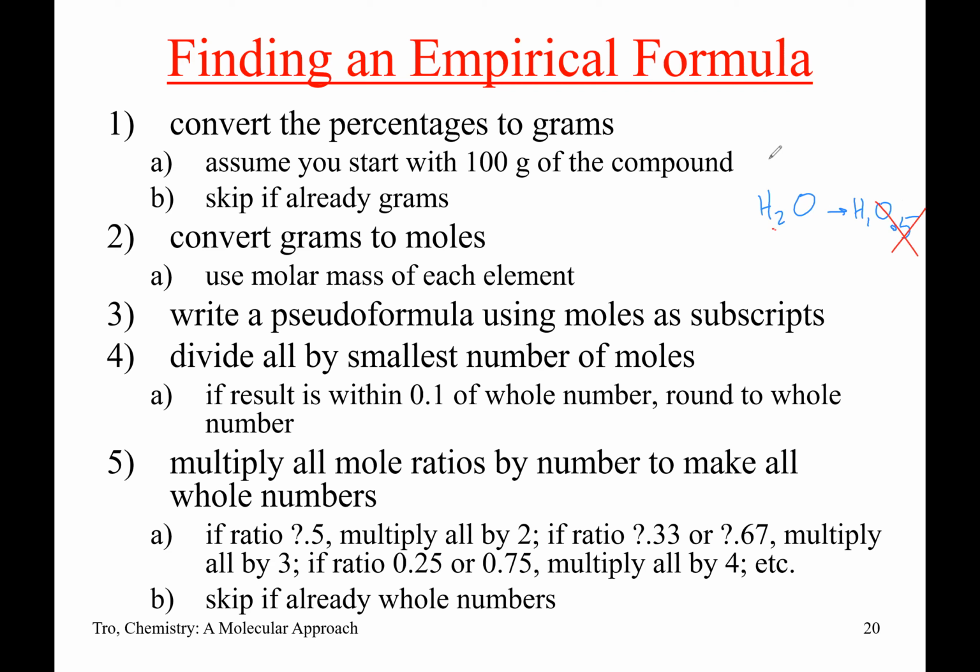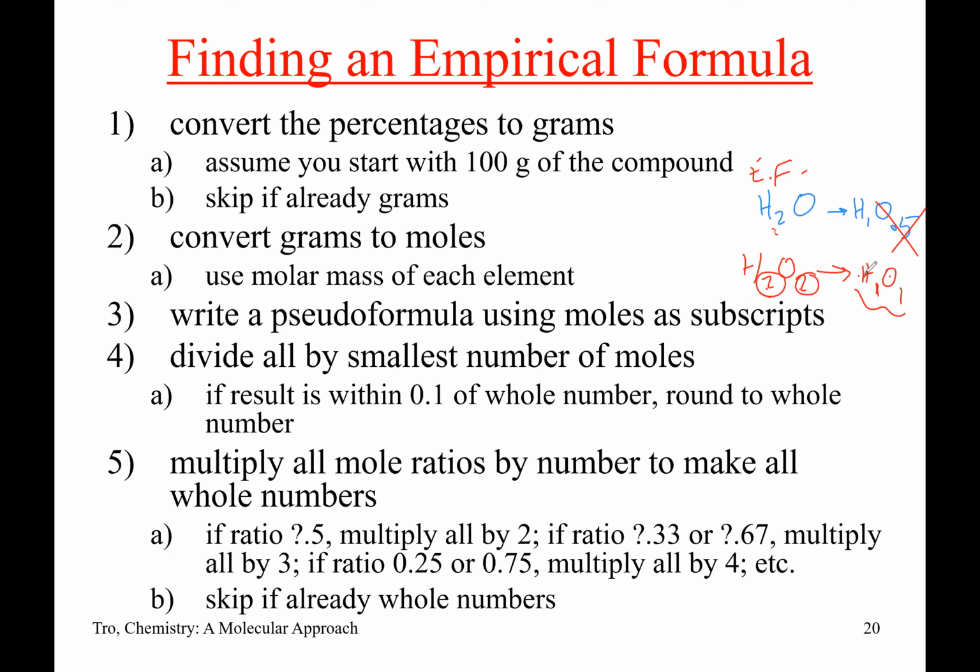So the empirical formula is going to be the same thing as the molecular formula for H2O. Now, if you have H2O2, you can convert that to H1O1. This is called the lowest whole number ratio of the atoms in the molecule. Molecular formula shows the actual ratio.